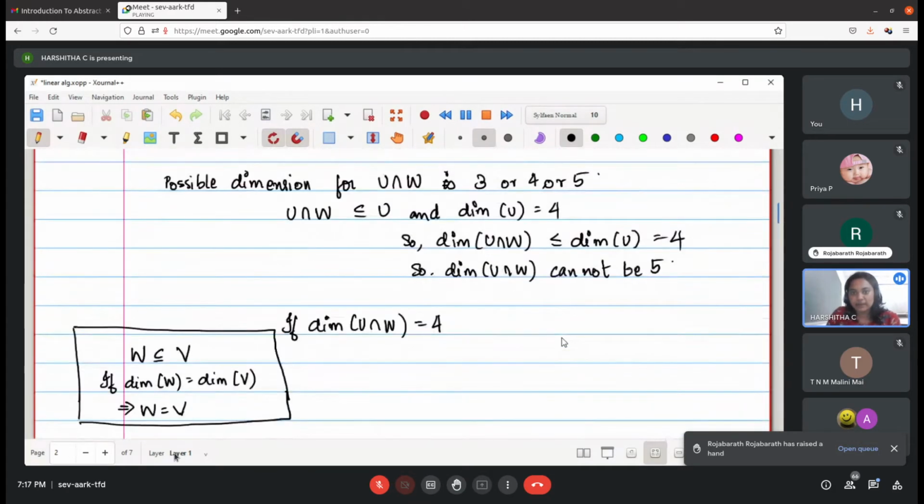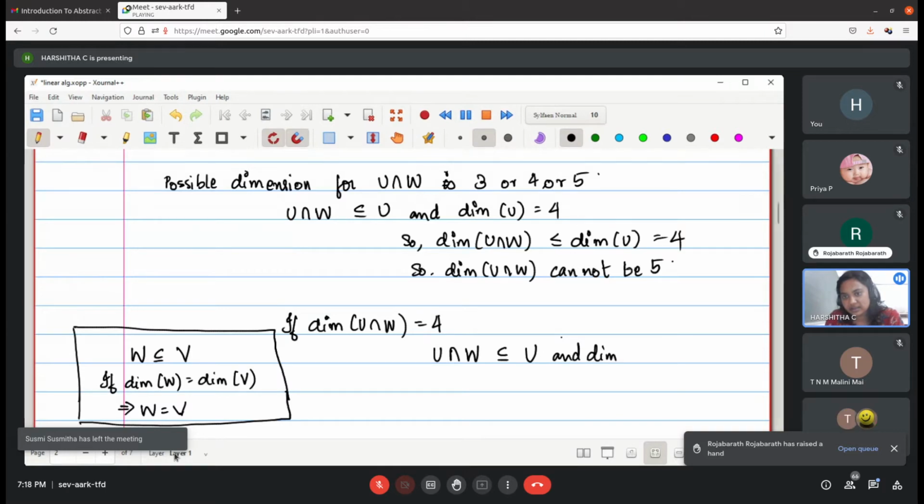So now let's come back to our question that we were looking at. We were looking at the possibility of W intersection U being dimension 4. If that happens, we have the same condition, right? So we have U intersection W is contained in U and dimensions are equal.